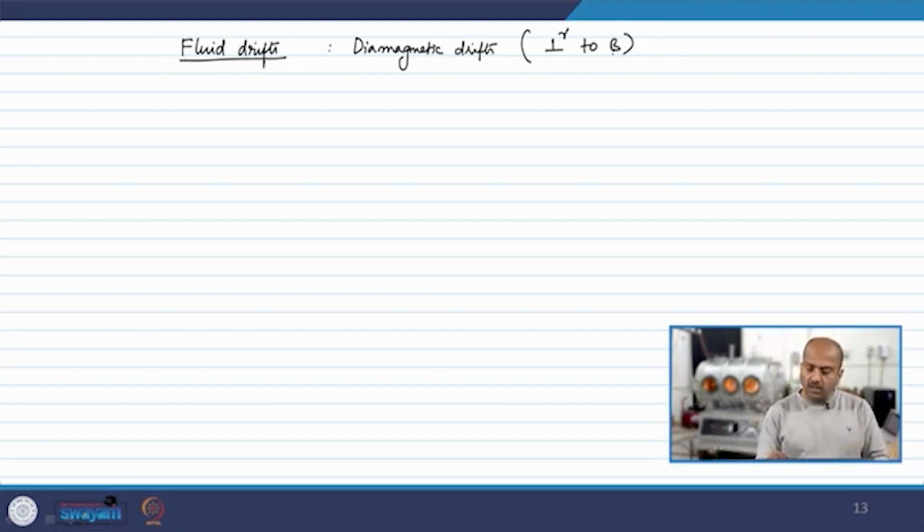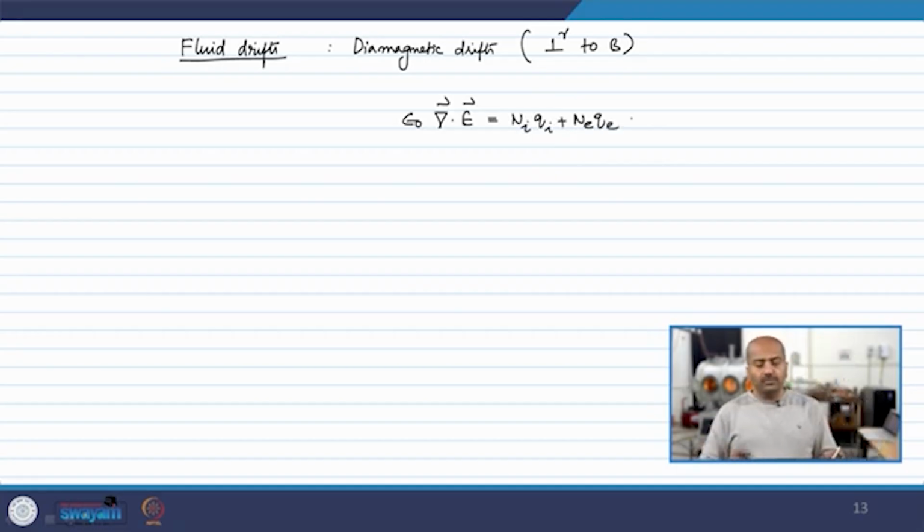Let us say we take the Maxwell equation epsilon naught times del dot E is Ni Qi plus Ne Qe, per unit volume, number of particles per unit volume and charge per particle, right. So, we can start with this equation and the momentum equation.